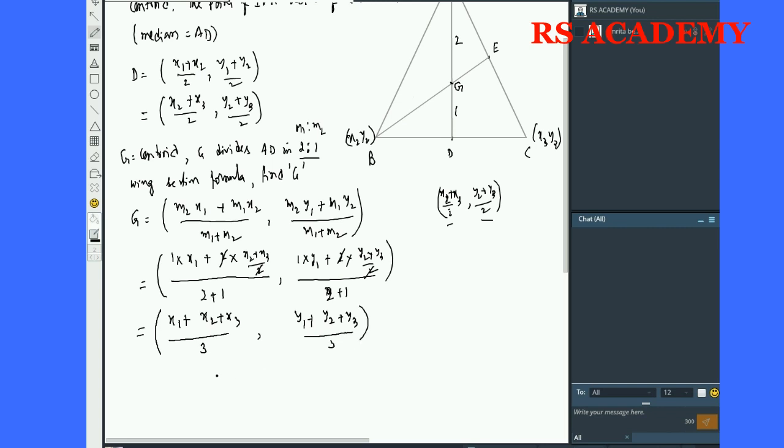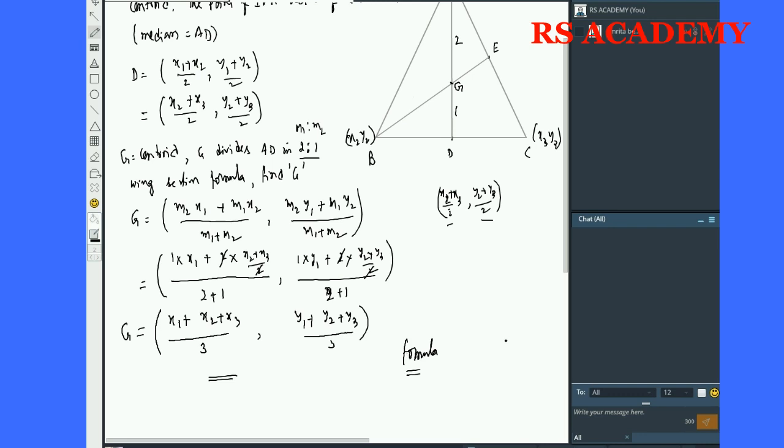So finally what we got? x1 plus x2 plus x3 by 3, y1 plus y2 plus y3 by 3. These are the coordinates of the centroid, and you have to remember this formula as well as the proof.